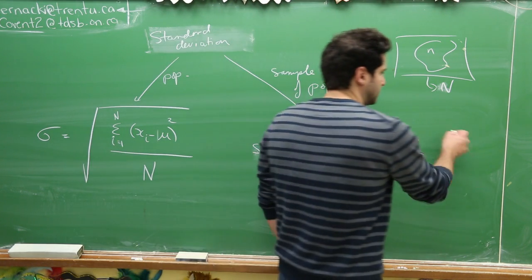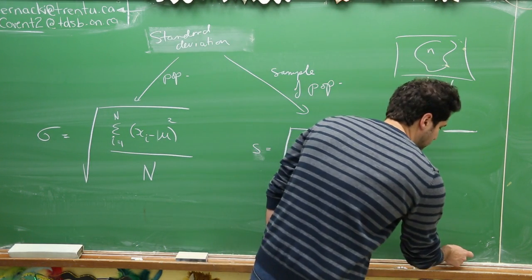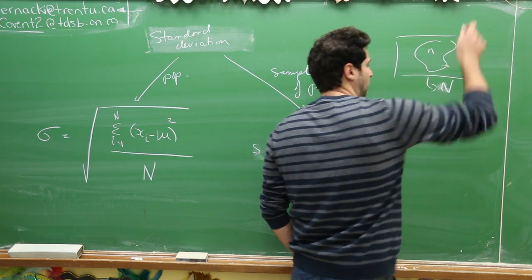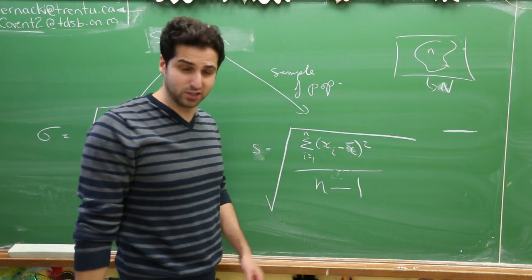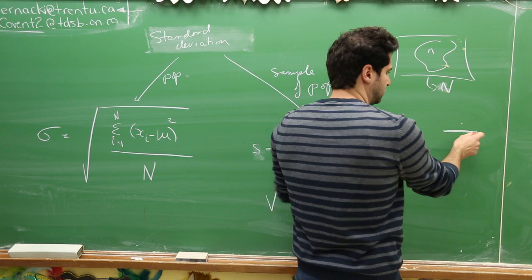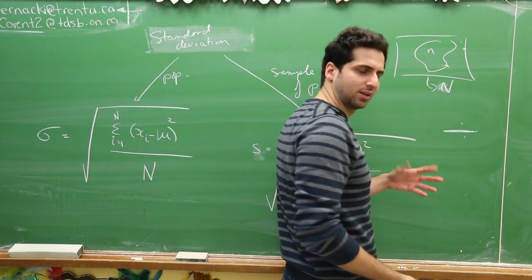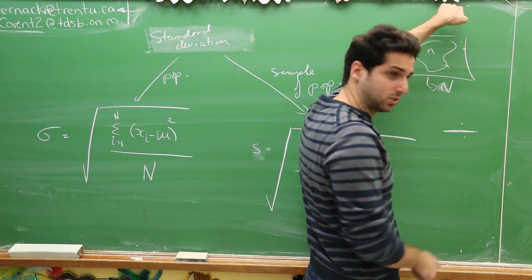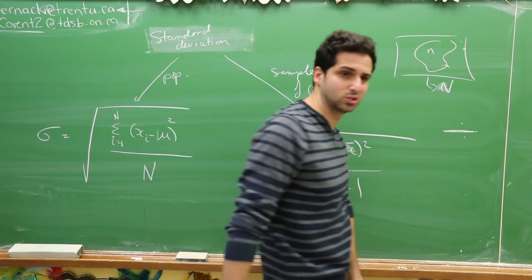So if your average is here, and you have the really, really short person and the really, really tall person in your calculation, see, for people that are close to the average, this distance squared is not that big. But this distance squared is huge, and this distance squared is huge.